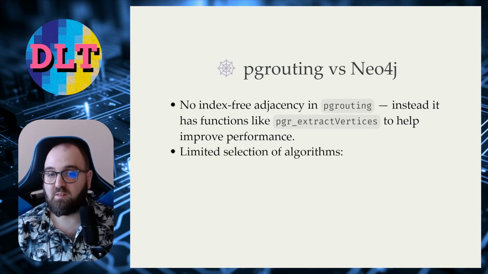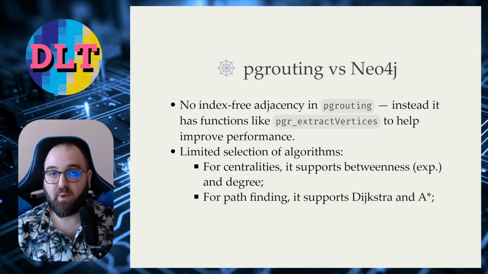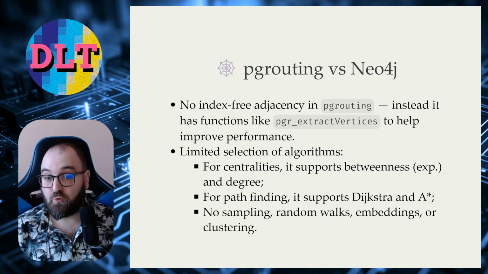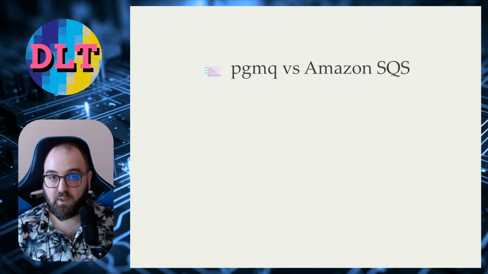It has a limited selection of algorithms, so for centralities it supports betweenness and it's experimental, and it supports degree. For pathfinding, it supports Dijkstra and A*, but there is no sampling, random walks, embeddings or clustering.